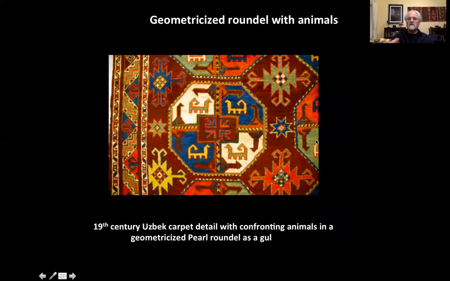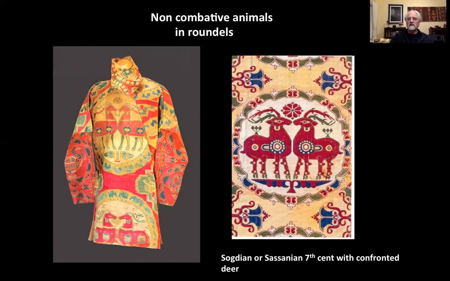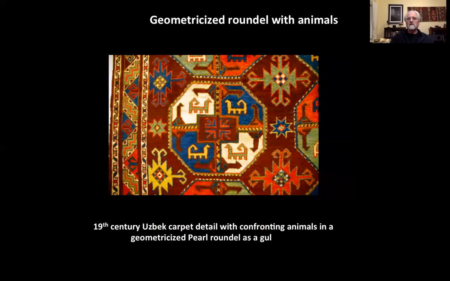Now, when you try to move a complex pattern like that into a nomadic or village type of environment, necessarily the motif has to become simplified. What you can see here is that the circular roundel has now become an octagon with a much more rectilinear presentation.